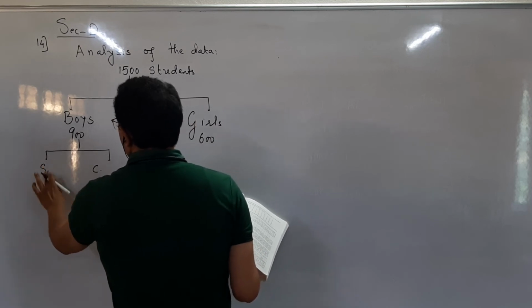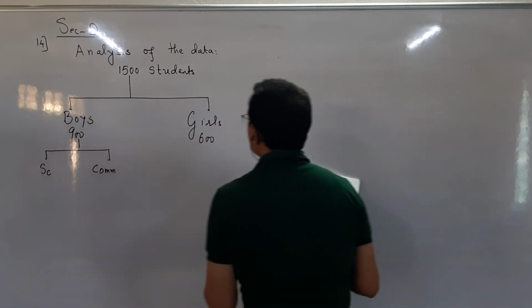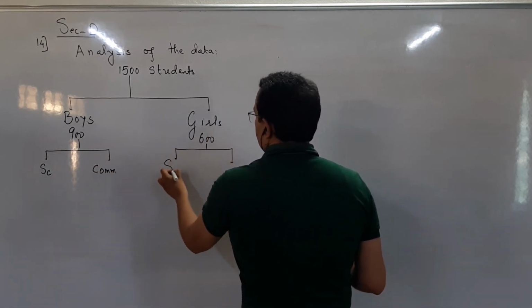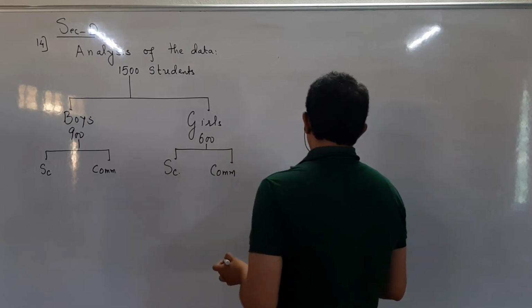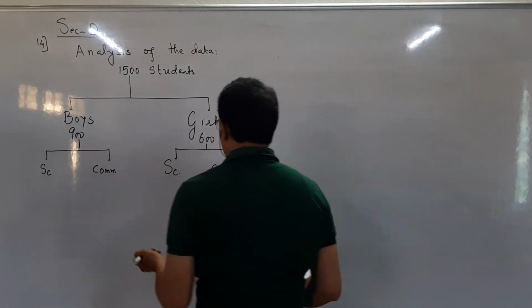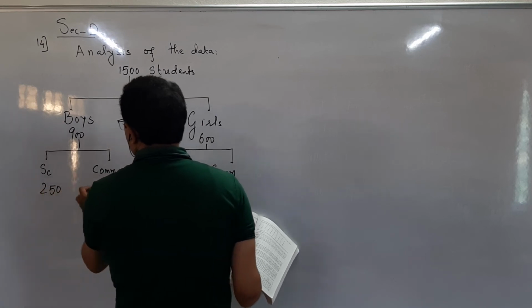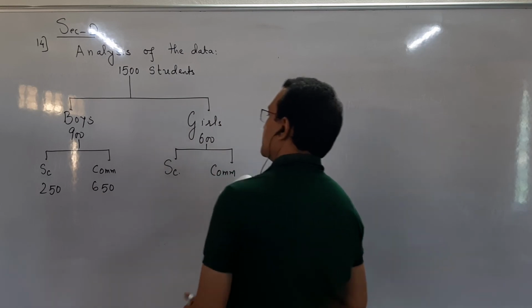I am writing SC for science and COMM for commerce. 900 were boys, out of them 250 were in science stream. So 650 will be definitely commerce stream, 900 minus 250.